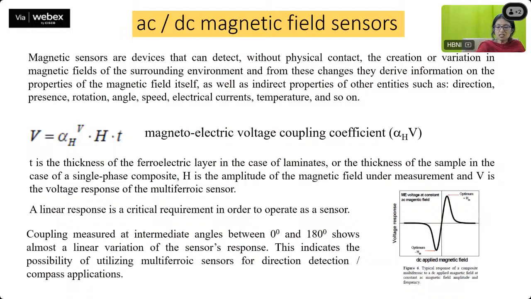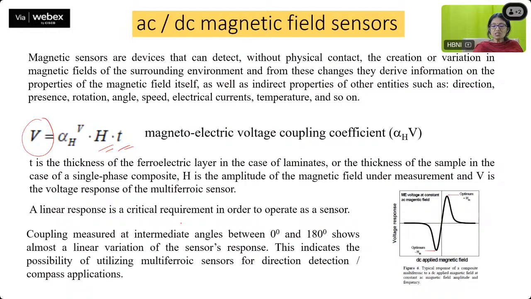So what is the equation? The magnetoelectric voltage coupling coefficient is alpha_H^V. What you have here is t, the thickness of the ferroelectric layer in case of laminates, or the thickness of the sample in case of a single phase composite. H is the magnitude of the magnetic field under measurement, and V is the voltage response of this multiferroic sensor.